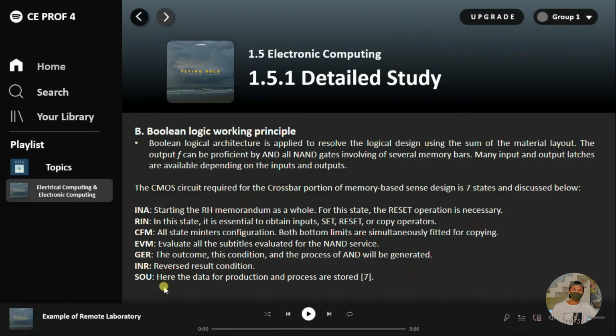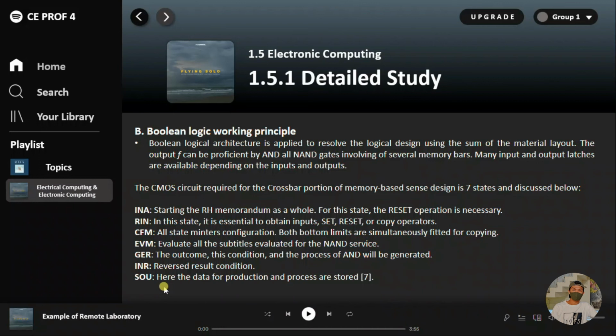The next one is the Boolean logic working principles. So Boolean logic architecture is applied to resolve the logical design using the sum of the material layout. The output F can be produced by AND and NAND gates.